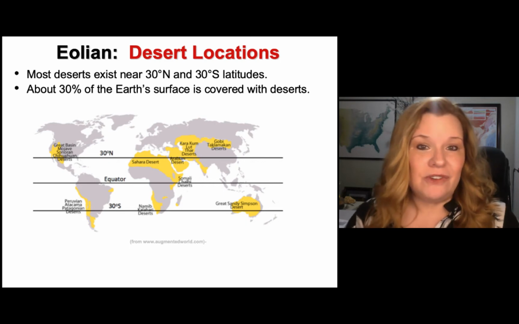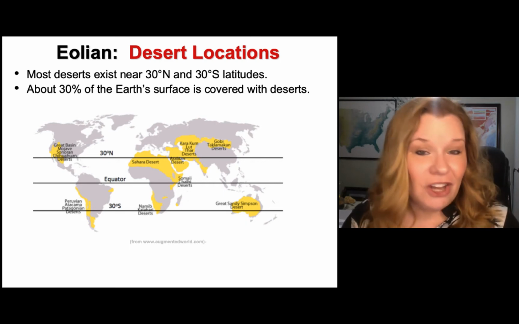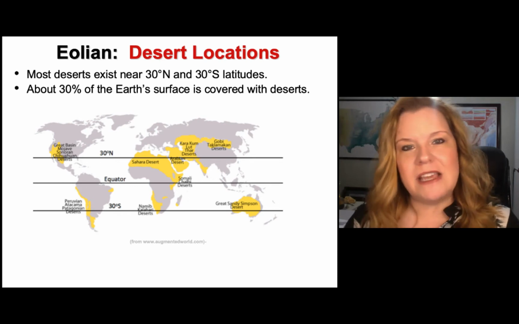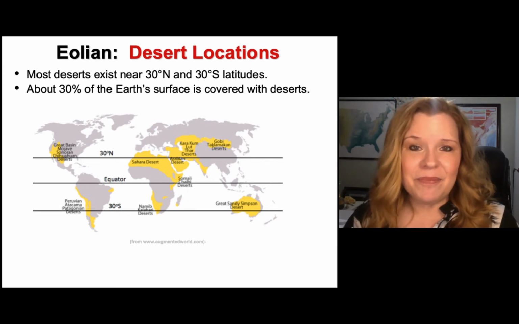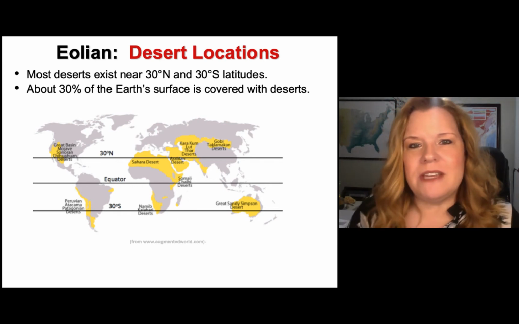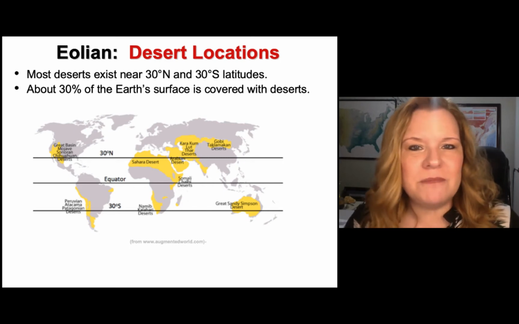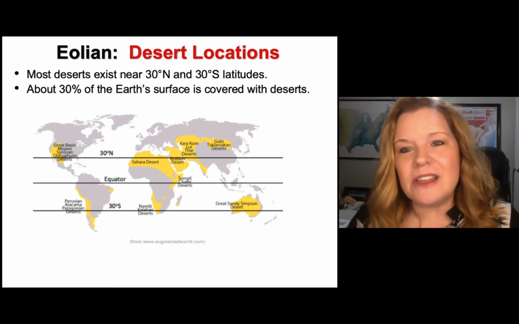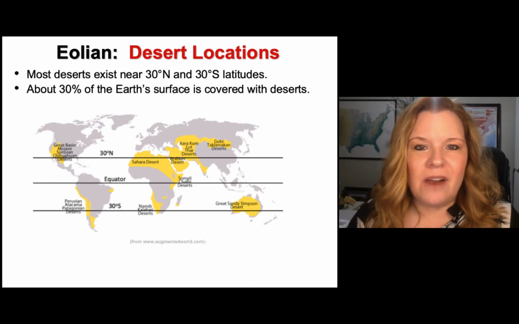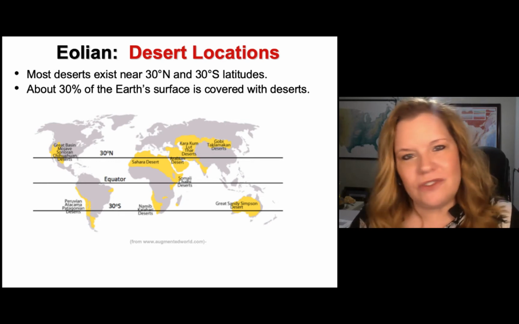So in the desert, lots of stuff can live there. You just may not see it during the day. When you think about deserts, sometimes people have this misconception that it's just desolate, there's nothing there, there's no life. It's just not the case.